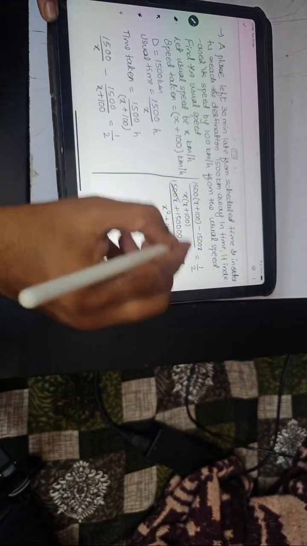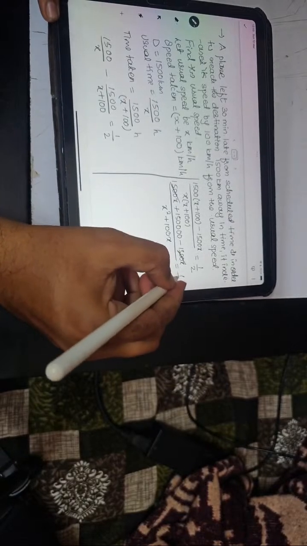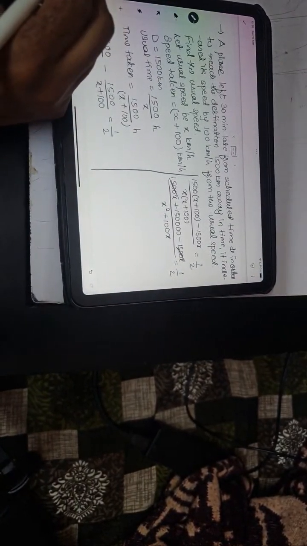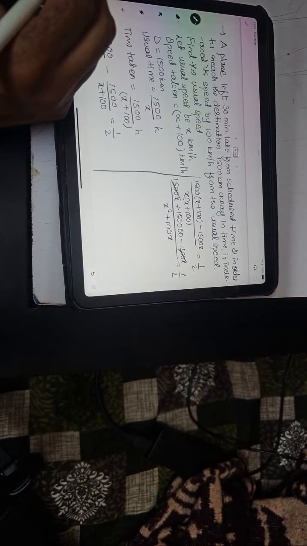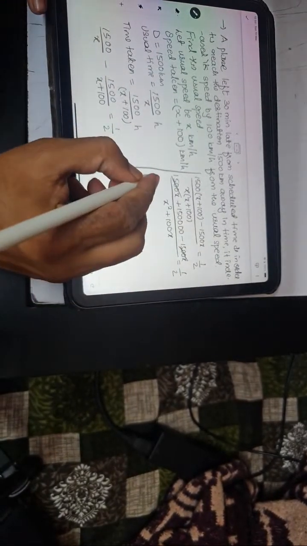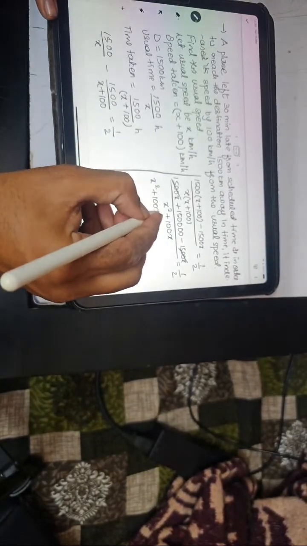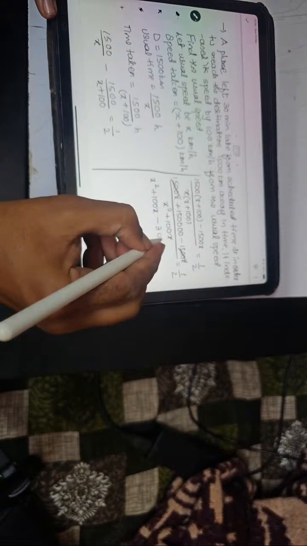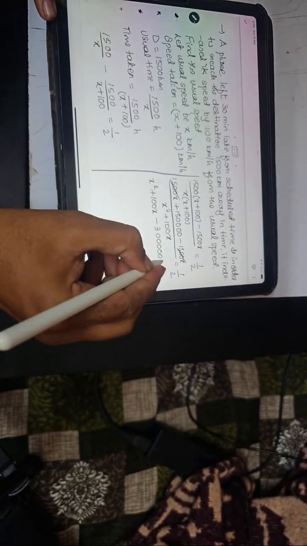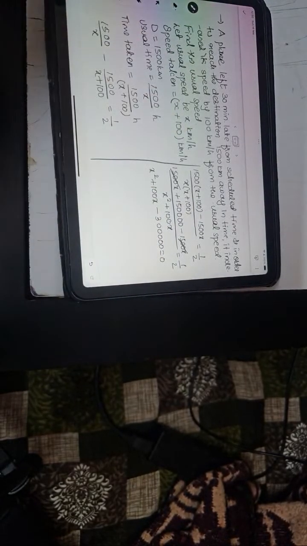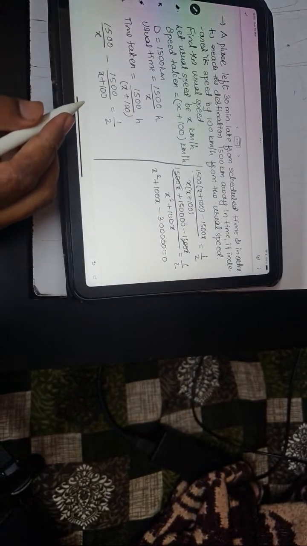So now this 1500x got cancelled, now into 2. So can I say, if I solve this equation, x square plus 100x minus 3 lakh equal to 0? See, I cross multiplied and I brought everything on one side to make my equation shorter.